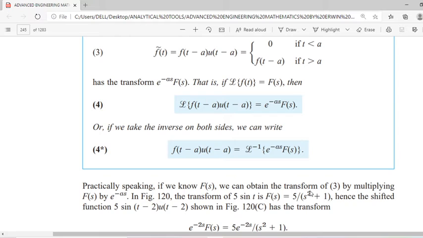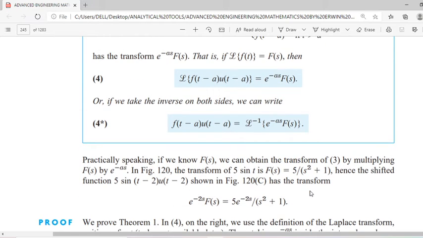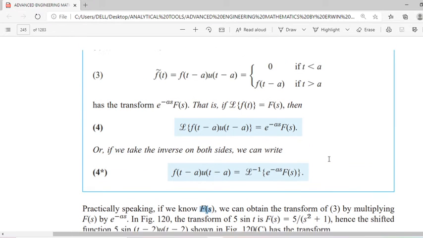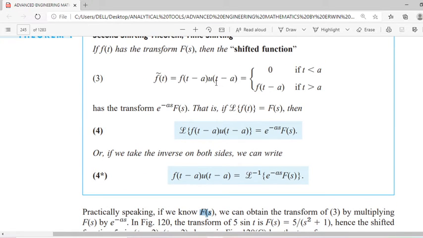So that is the Laplace transformation, and the other is the inverse transformation. So what is the advantage? If we know the Laplace transform F of s, then we can find the transformation of the shifted function by multiplying with e raised to minus as.